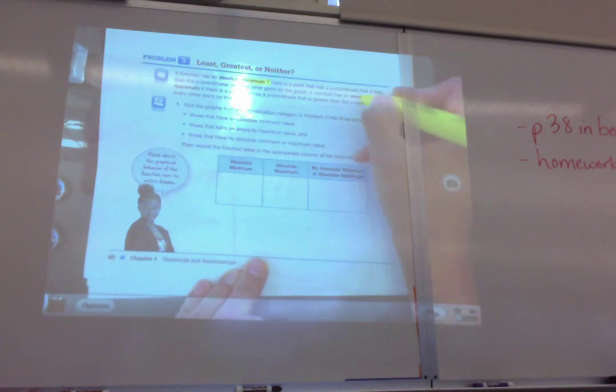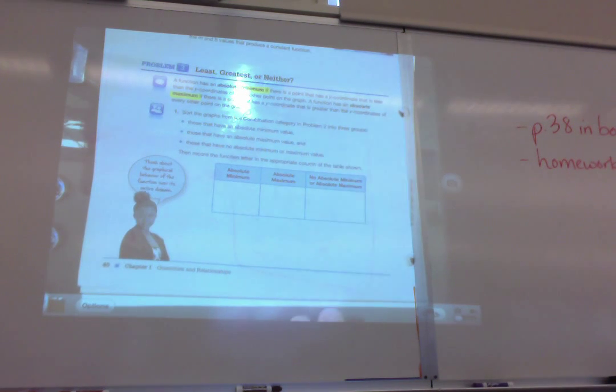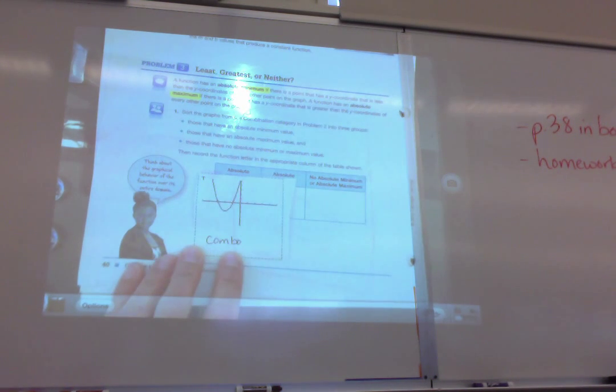Okay, so this time we're going to look at our graphs and look for minimum and maximum. And I'll give you a hint. Find graph T. This point has a minimum. A minimum is the lowest point.